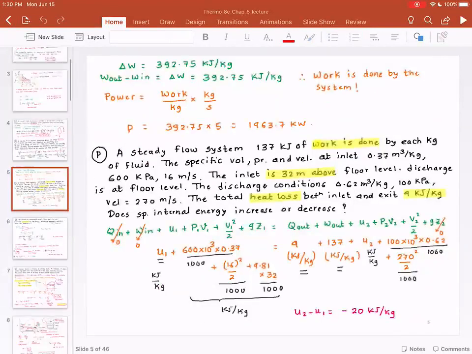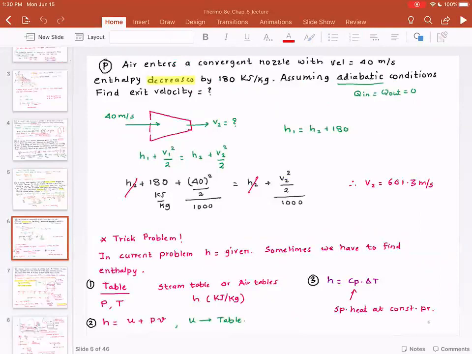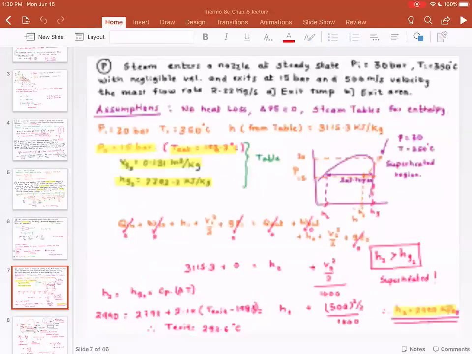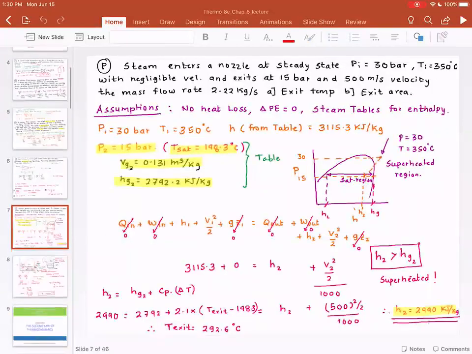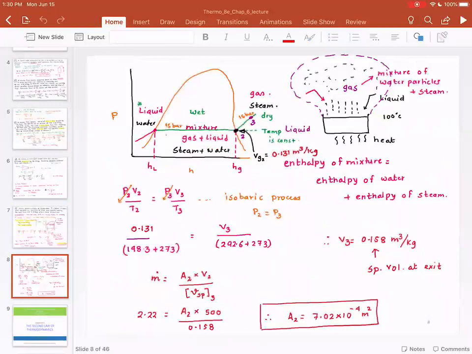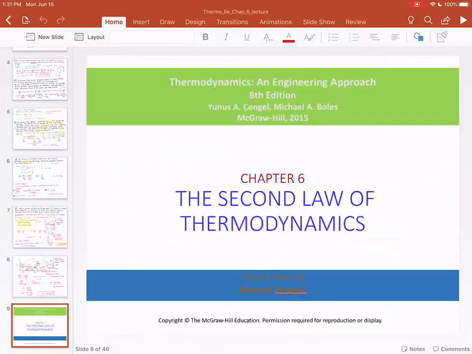Then we moved on to the tricky problem wherein we had to find out the enthalpy, and then we looked at the enthalpy of evaporation, and then at the end we started talking about the second law of thermodynamics.